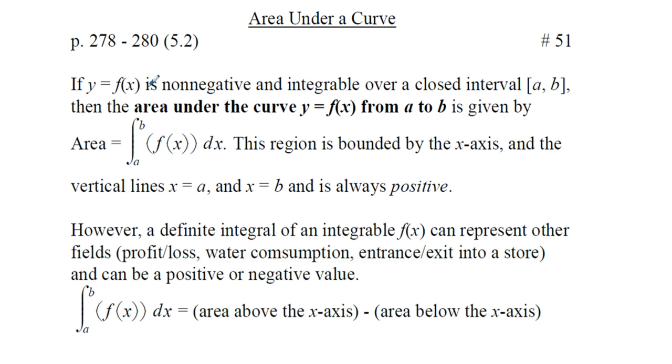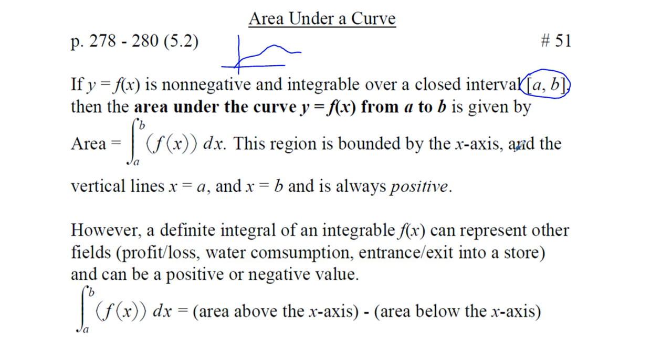If y equals f of x is non-negative and integrable over a closed interval from a to b, so we're looking at a function that would be above the x-axis, the area is given by the integral from a to b of f of x dx.